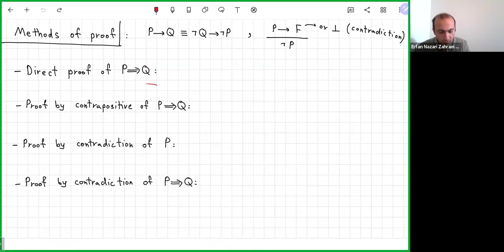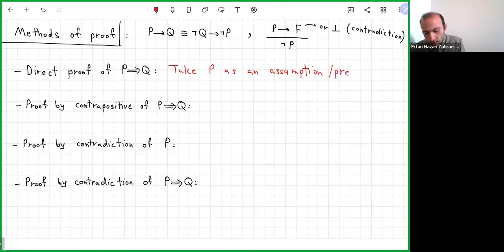So the direct proof of P implies Q is: take P as an assumption or premise, then prove Q under this assumption.